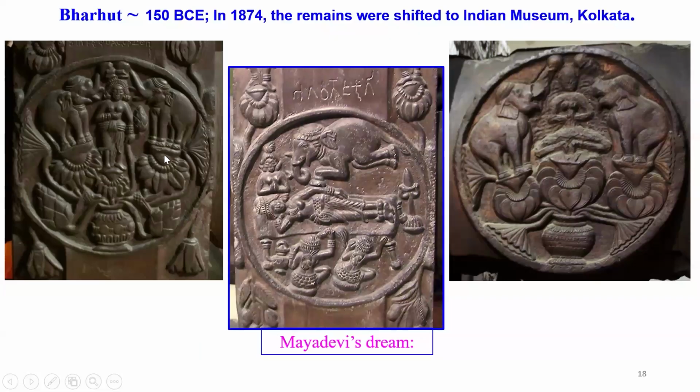And to distinguish, because there is some doubt sometimes, because there is a lady standing with the elephants. But if it is one elephant, this is typically Maya Devi's dream, where the divine elephant is shown entering her womb in her dream, indicating to her that something divine and noble is going to be born of her.